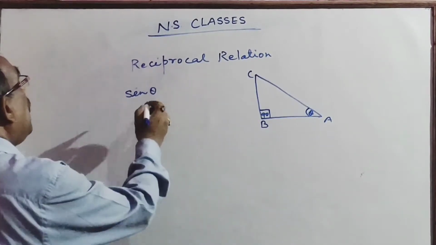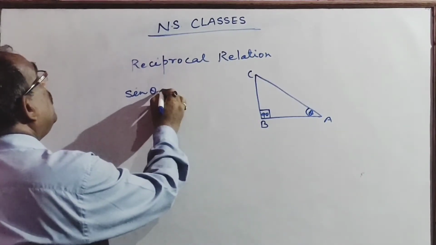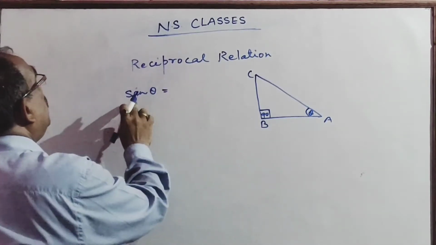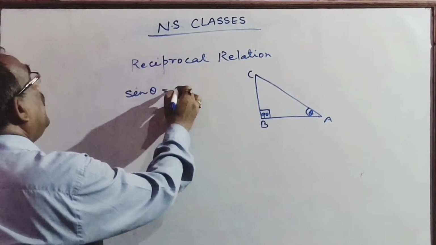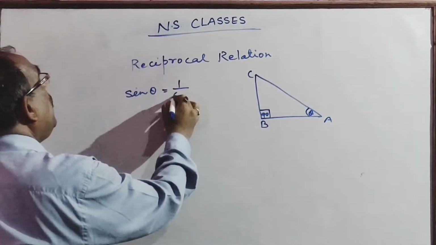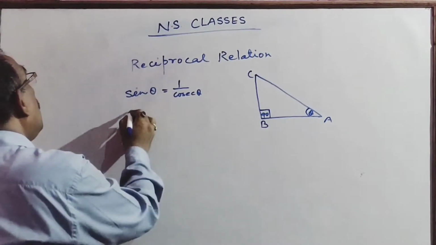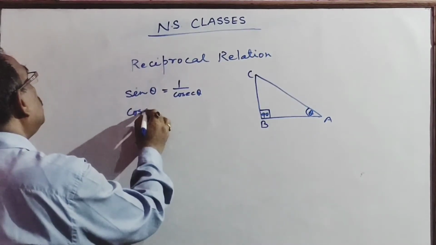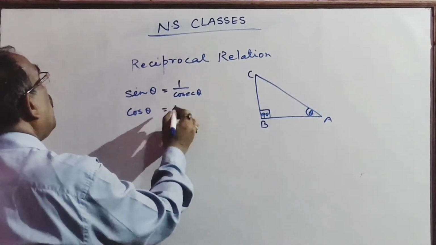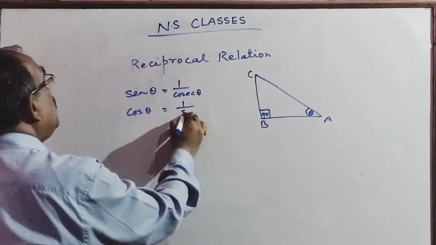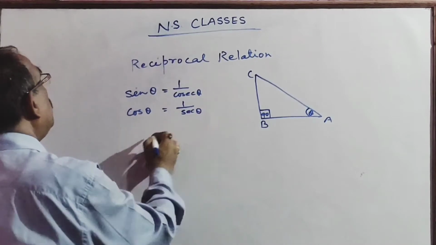The sine theta is the reciprocal of cosec theta. That's why we can write here sine theta is equal to 1 by cosec theta. Cos theta is the reciprocal of sec theta, that is equal to 1 by sec theta.